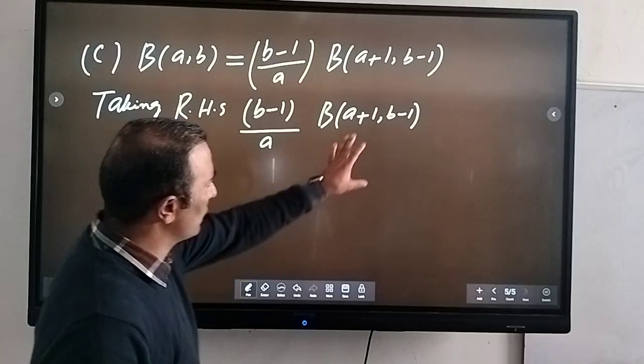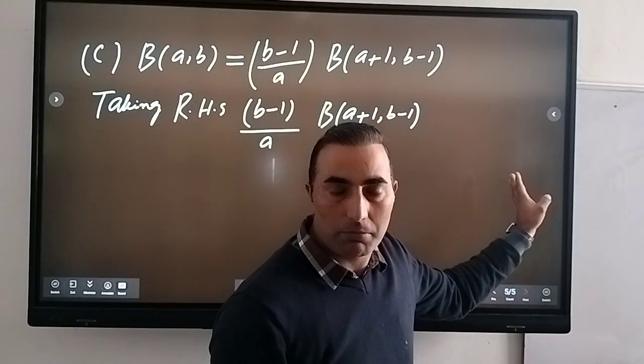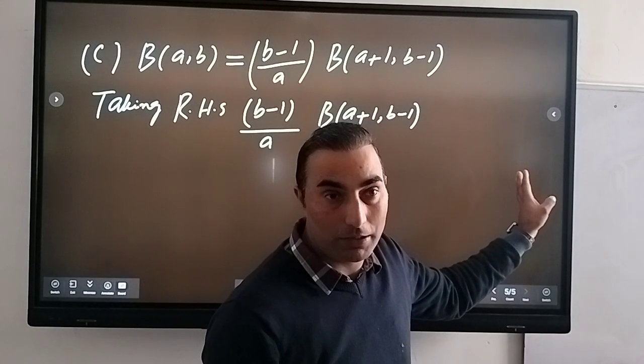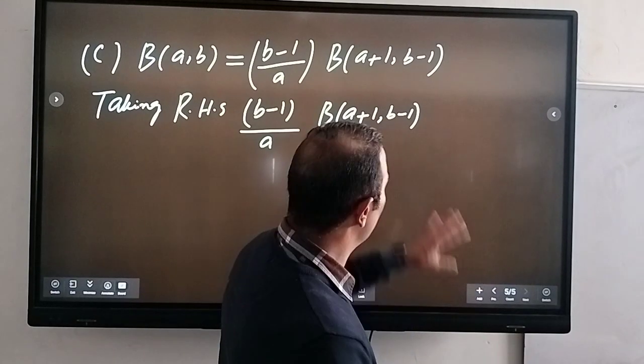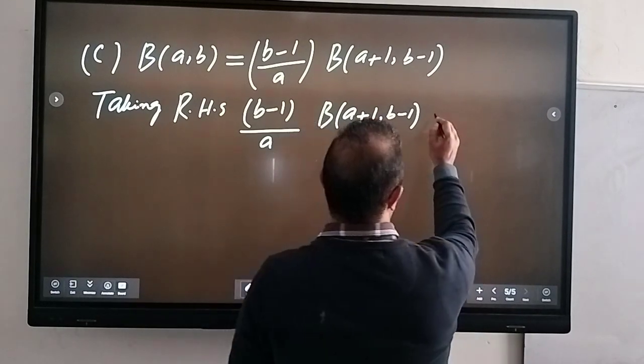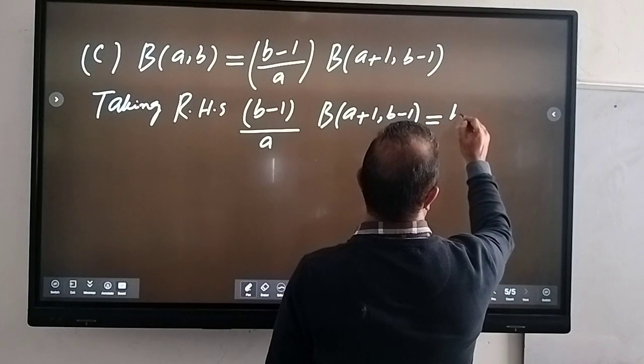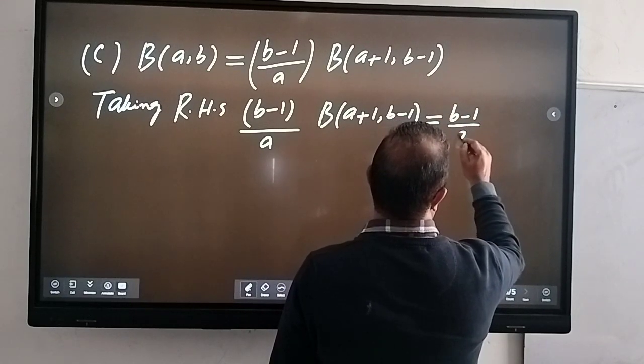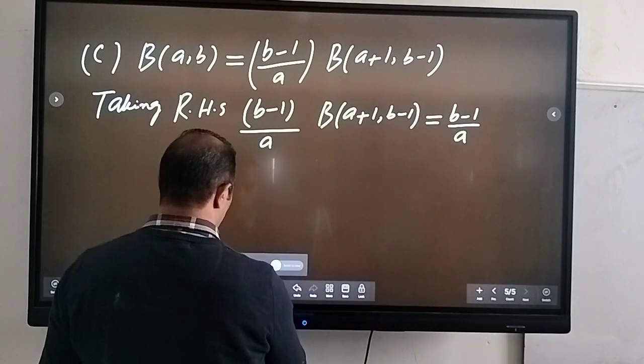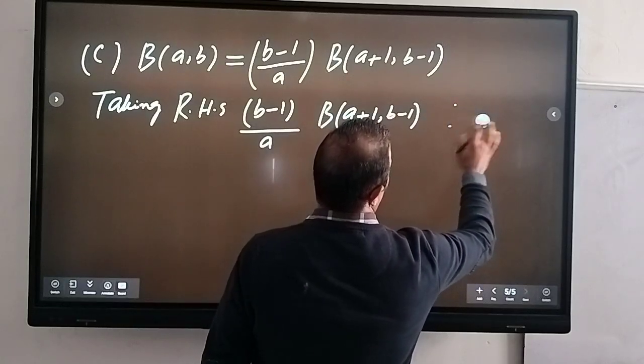Okay. So again I will use that beta of A, B, that's gamma A gamma B divided by gamma of A plus B, right? So use it here. Better is to write it here because I cannot write everything here.